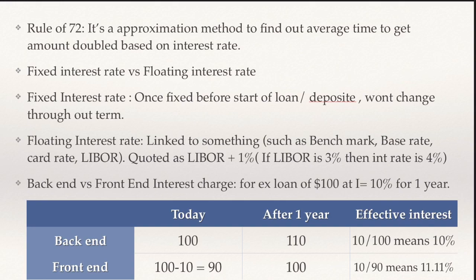Interest is served by you at the beginning, front end. It is not the same as back end, because you took a loan of 90 only, whether it is quoted as 100. For that you paid interest of 10 rupees. That means 10 by 90 is equal to 11.11%.